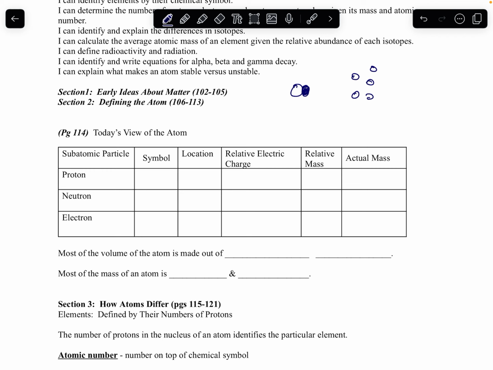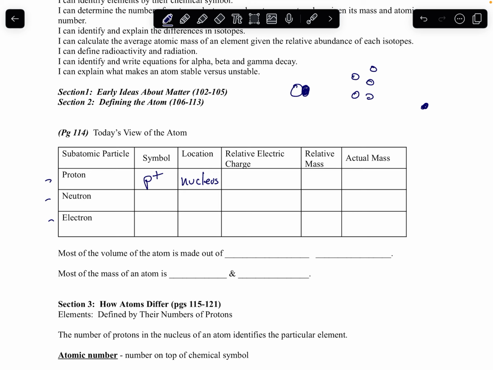Like I said, there are 3 subatomic particles: protons, neutrons, and electrons. Protons are symbolized by P+. Their location is in what we call the nucleus, the center part of the atom.